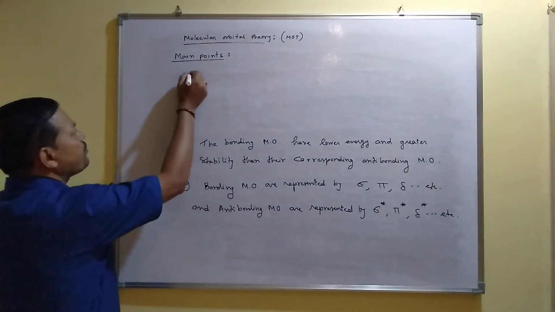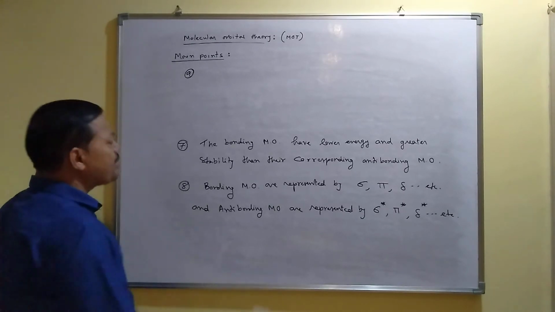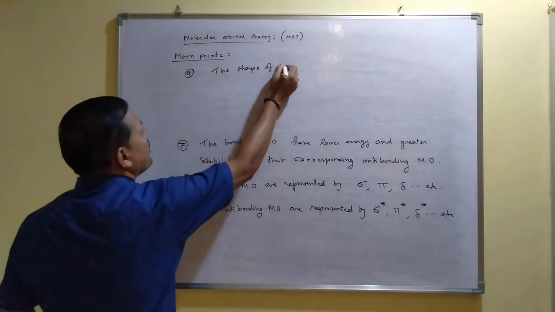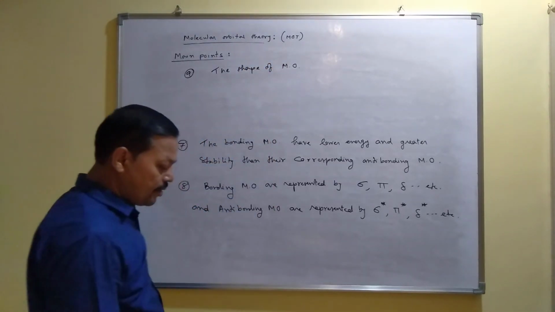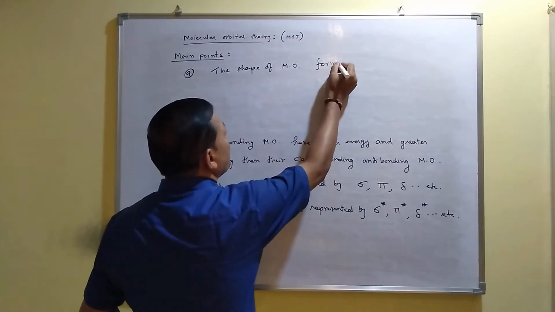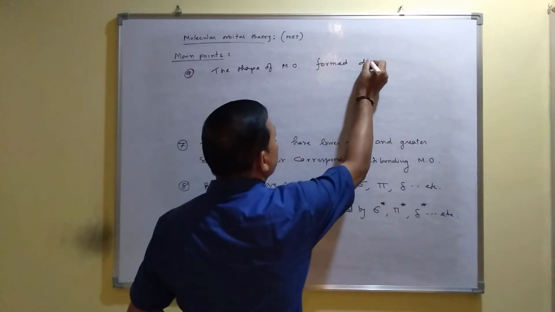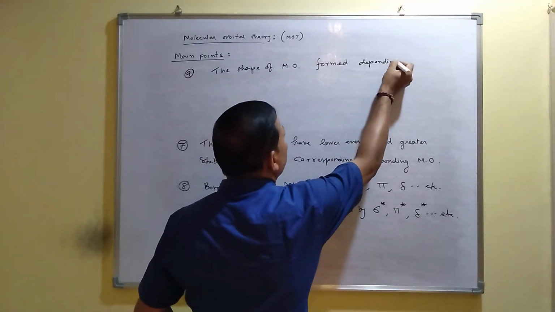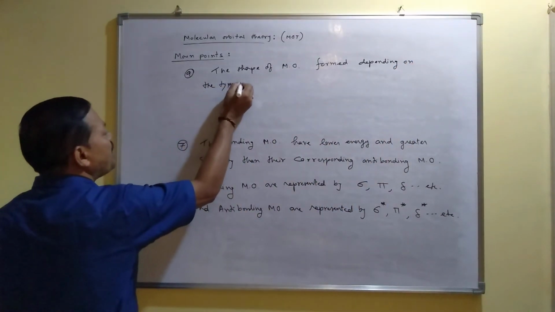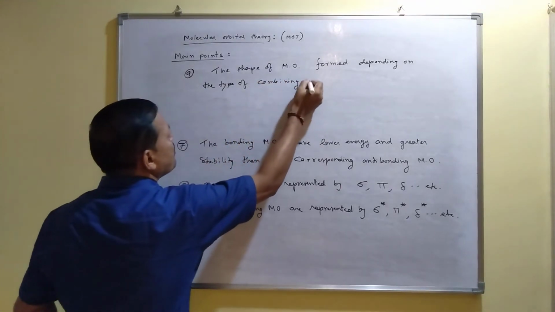Number 9 point. The shape of molecular orbitals formed depends on the type of combining atomic orbitals.